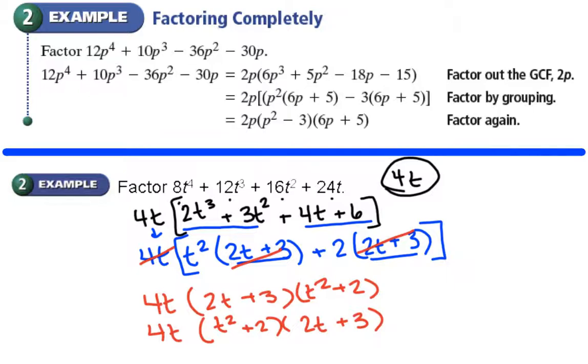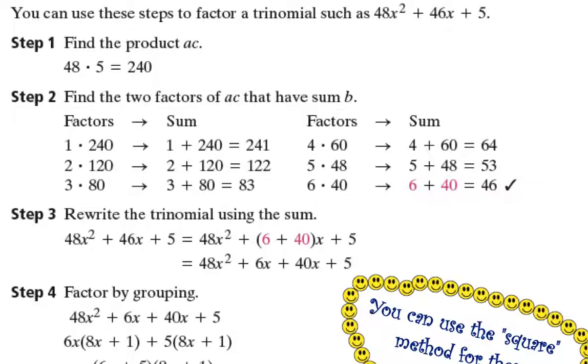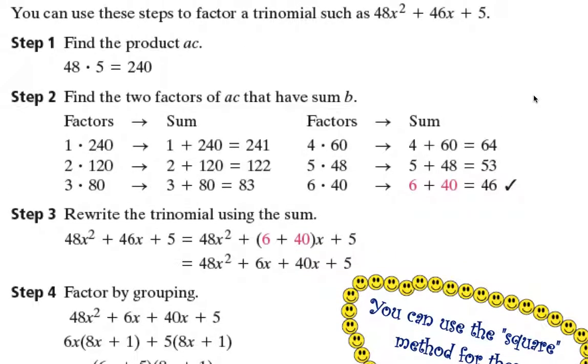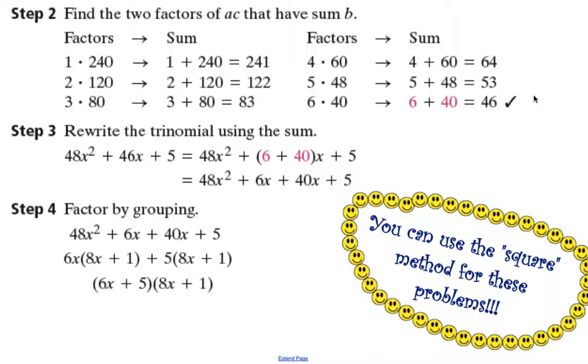All right, going on to example 3. Oh, before we go there. Remember the 2 by 2 square that I showed you in 9-7. There's this method which I showed you, all three of the different ways actually.